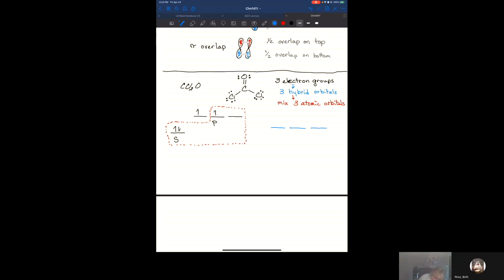So these are my sp2 hybrids. And then I have the p orbital that I haven't played with. Putting my electrons in, I have 1, 2, 3, 4.